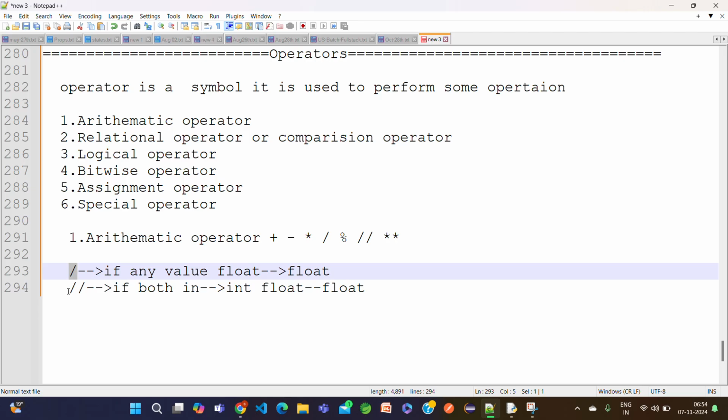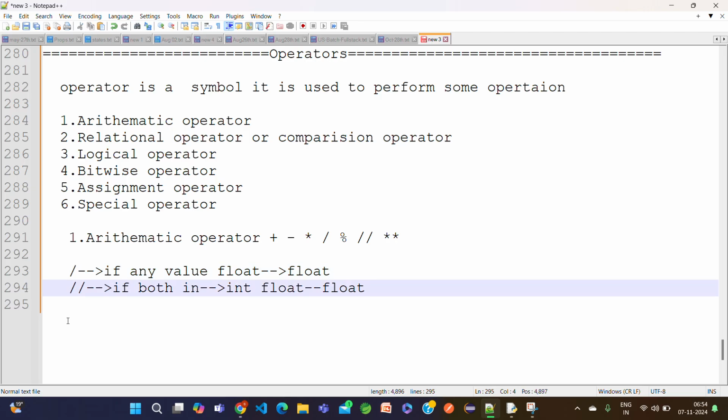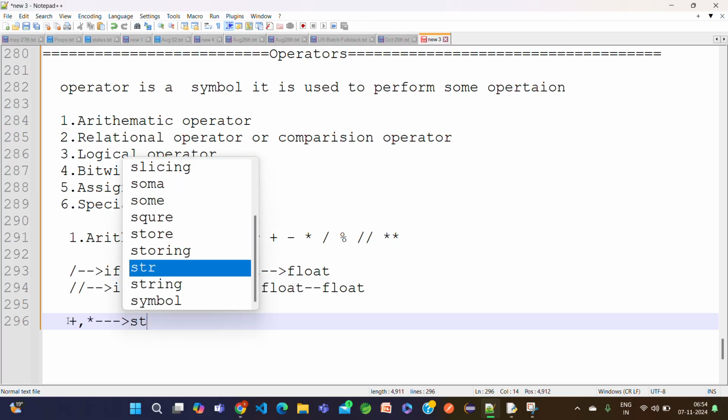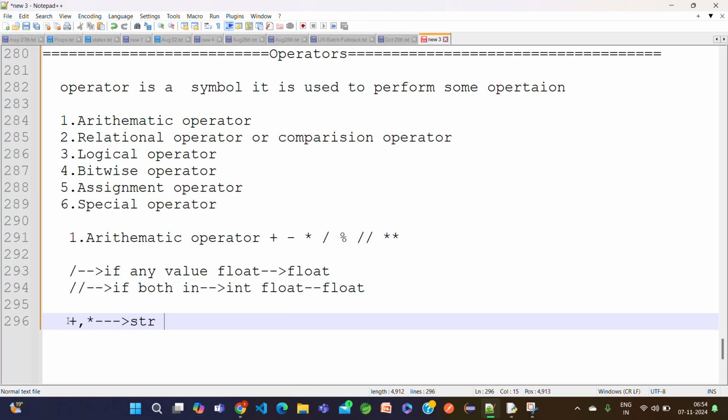Next, in Python we can use the plus operator and the multiplication symbol with str also. The plus operator on str: if both are str type, we can do concatenation.